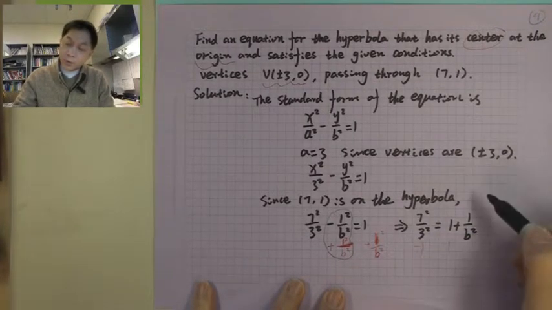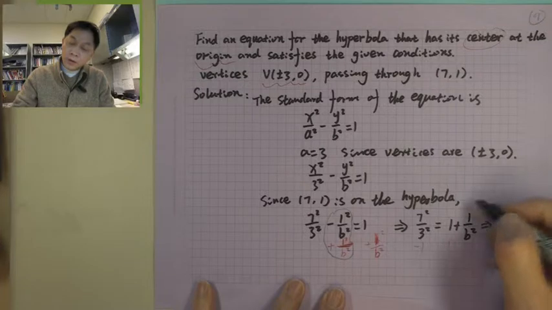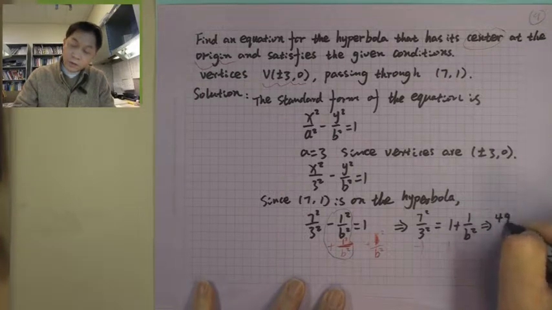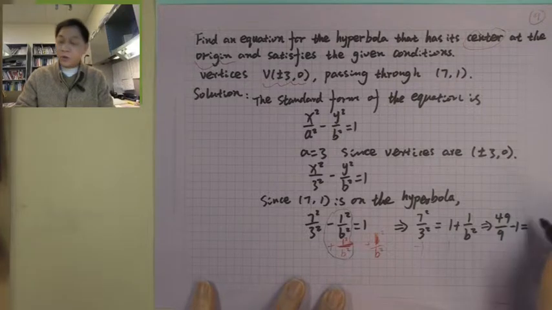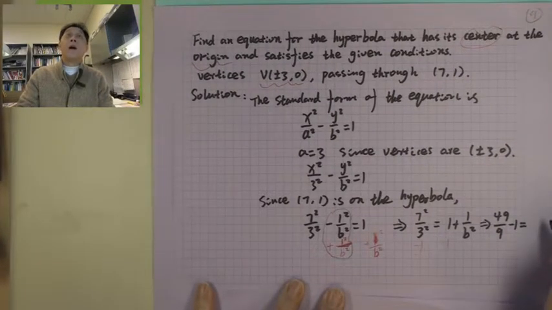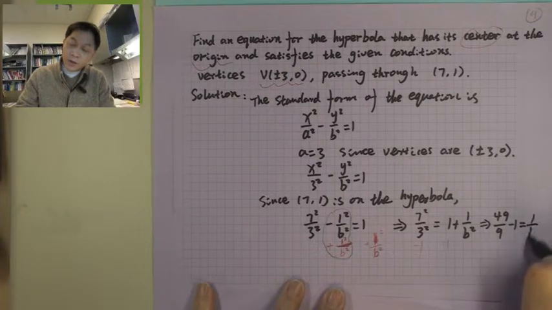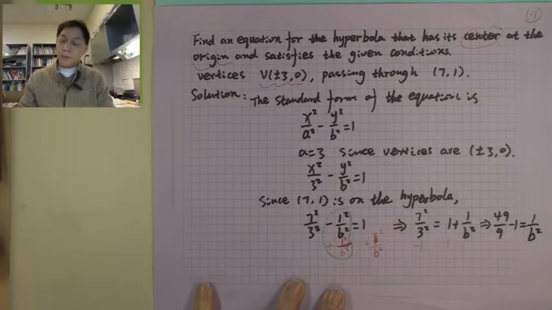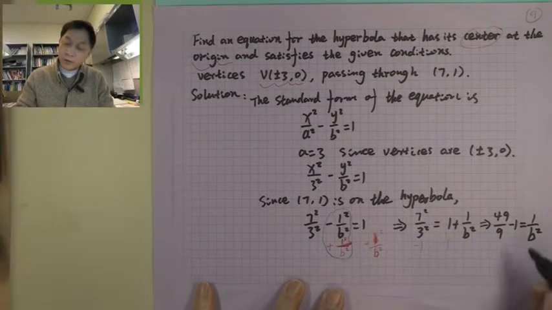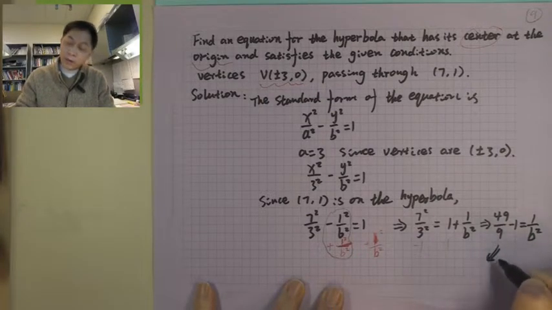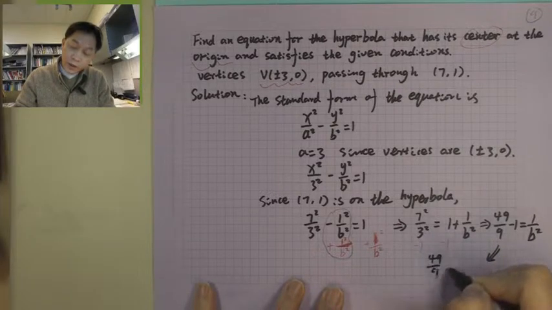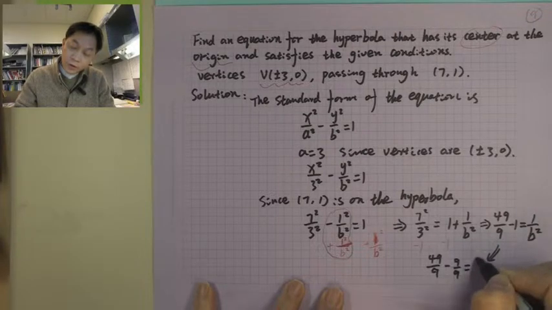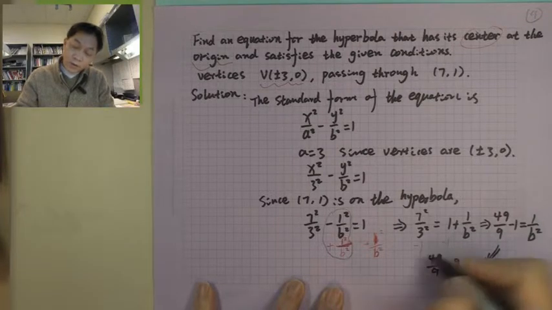What do we get? We have 7 squared, which is 49 over 9, minus 1 equals 1 over b squared. Keep going: that's 49 over 9 minus 9 over 9 equals 1 over b squared.